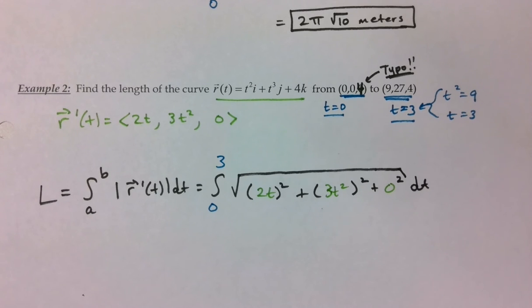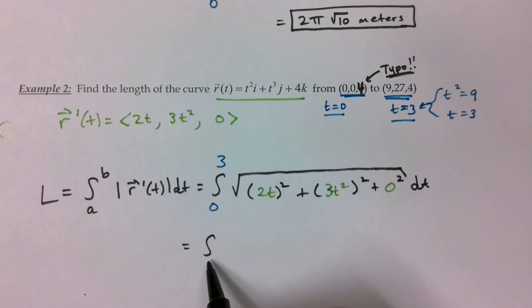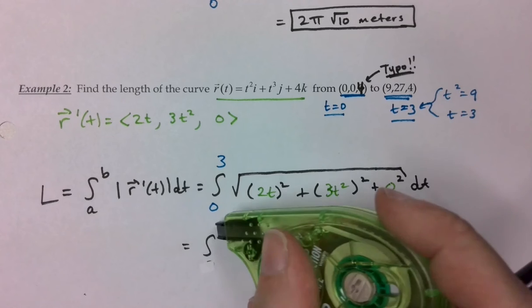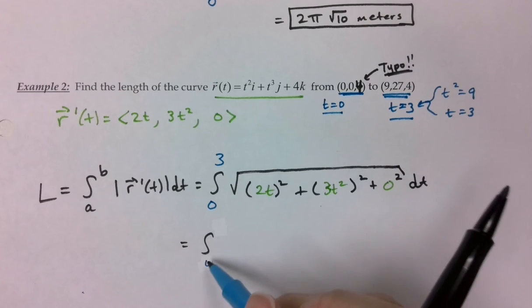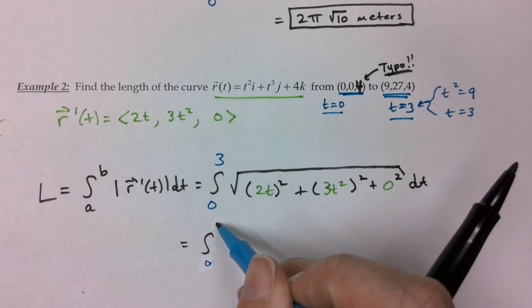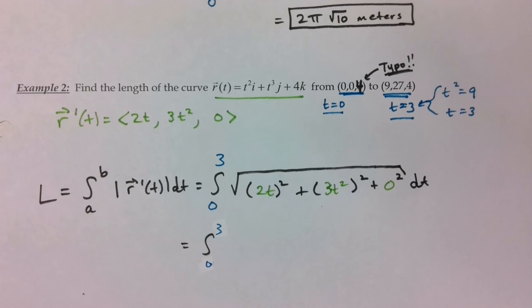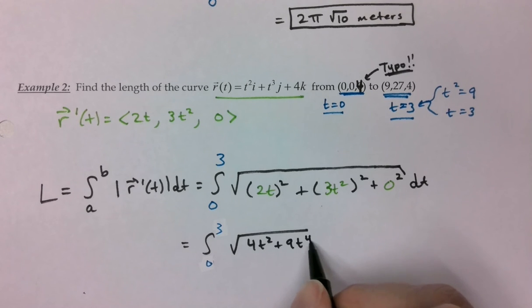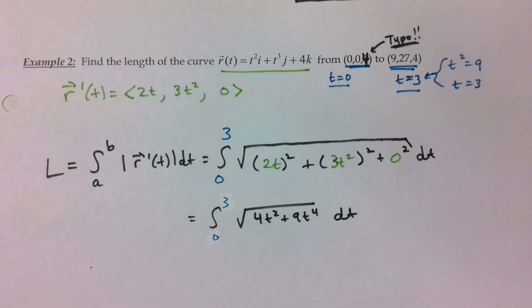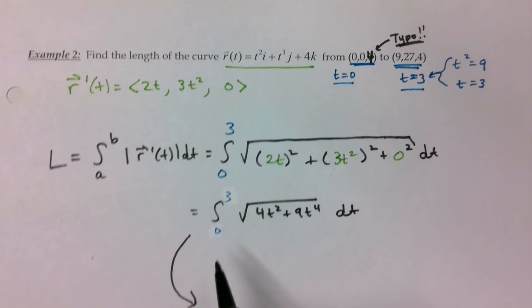And that closes that square root off. Okay, well, this is the integral from 0 to 3 of 4t squared plus 9t to the 4th dt. And that is not something we are going to do by hand.